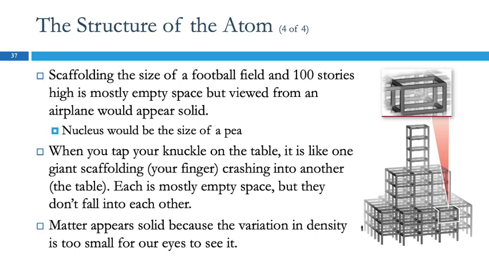So you've seen scaffolding they put up on the outside of a building, like our new science building. It's called a scaffolding, which is like platforms and rails and stuff so that workers can work on the outside of the building. So if you had scaffolding the size of a football field, this also very much resembles the play structures that we had when I was in elementary school. They were made out of metal pipes and they were on asphalt.